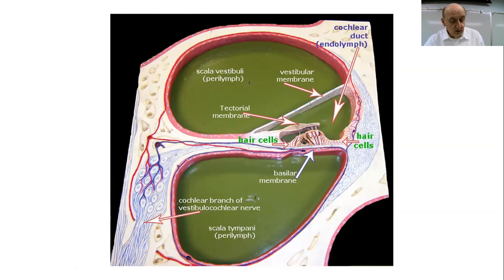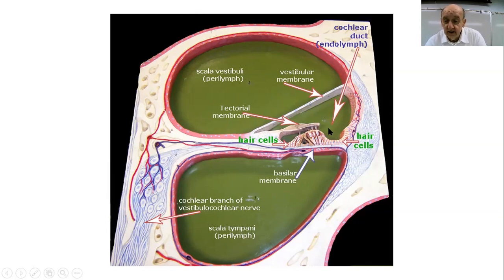Point number 9 in your lab report is asking which chamber contains the hair cell receptors for hearing. Name the specialized fluid in this chamber, where we already named the specialized fluid, endolymph. And the cochlear duct has the hair cell receptors.